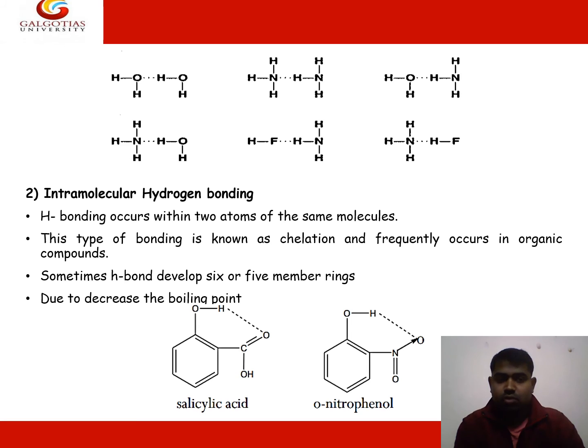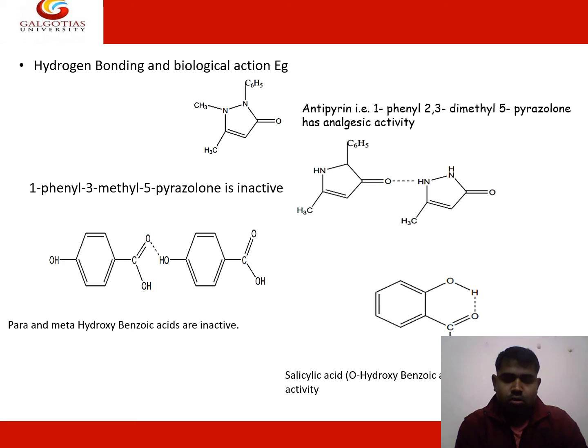So now comes the next slide, on the impact of hydrogen bonding on biological activity. For example, antipyrine, I think you are well aware, 1-phenyl 2,3-dimethyl 5-pyrazolone, has analgesic activity. Similarly, its analog 1-phenyl 3-methyl 5-pyrazolone is an inactive form because it has intermolecular hydrogen bonding.